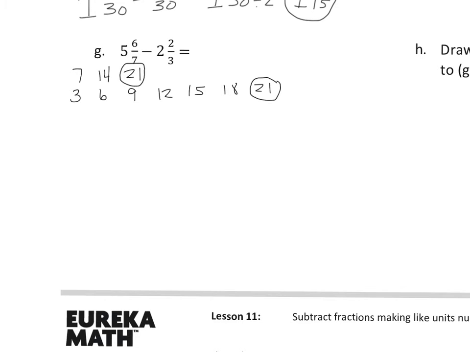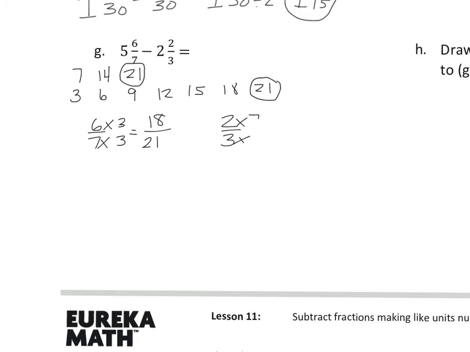So let's change 6/7, and let's multiply the 6 and the 7 by 3, so that the new denominator will be 21, and the numerator is going to be 18. Then we have 2/3.